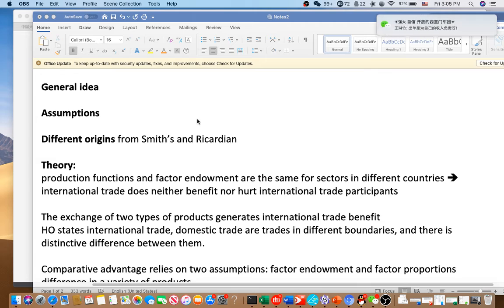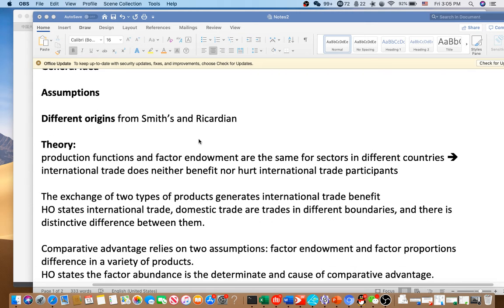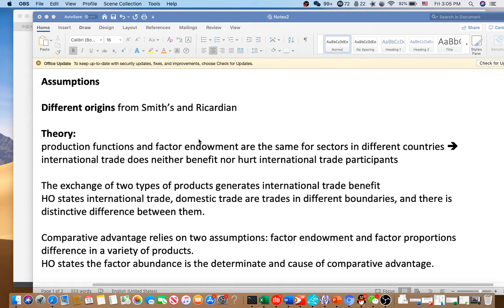The comparative advantage relies on two assumptions. First is the factor endowment. The countries differ in factor endowments, and factor proportions also differ in a variety of products.